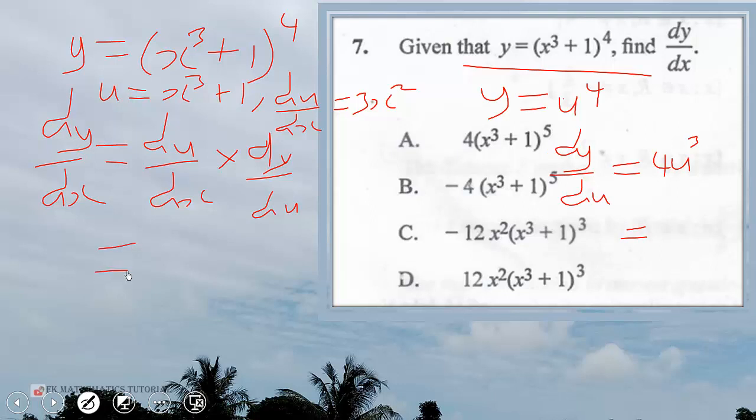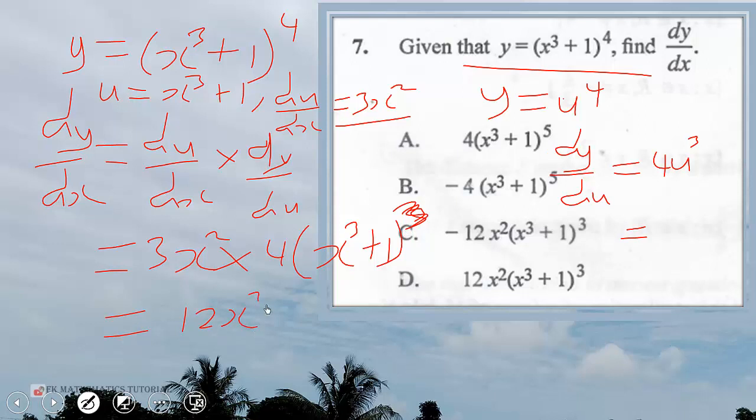So du dx will be equal to 3x squared that we got here, then times dy du, which is 4u cubed. u is x cubed plus 1 all cubed. So the answer will be 12x squared times x cubed plus 1 all cubed. So the answer is option D.